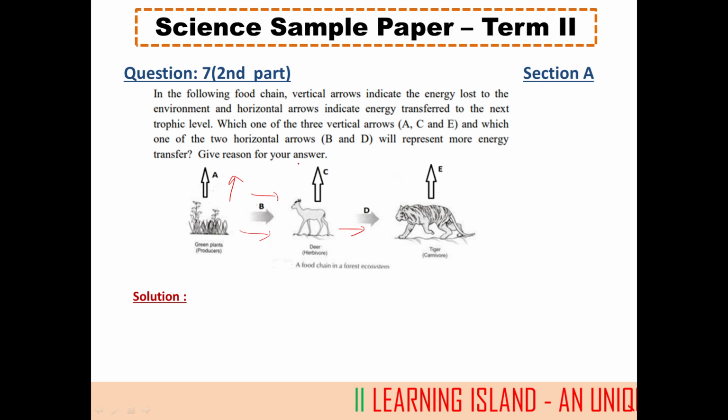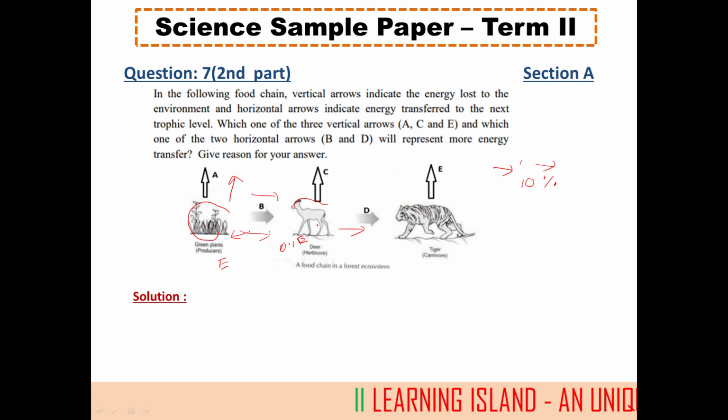Give reason and answer. You know that when energy is transferred from one body to another, we get only 10% of the source energy. So obviously if the deer eats the grass, and the energy in the grass is E, it will get only 0.1 E, that is 10% energy.